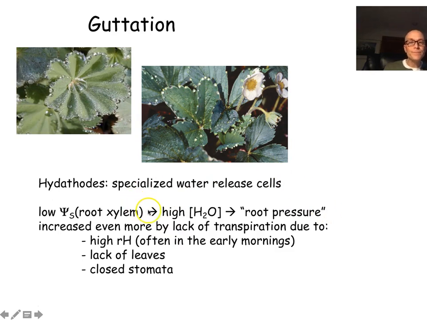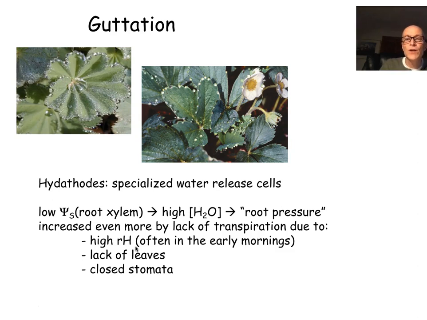So this is increased even more by the lack of transpiration, for example, due to high relative humidity, which you often have early in the mornings, or lack of leaves. You can sometimes see that as well with a stump. If you look at a tree stump, you can see water that still comes out of the stumps.